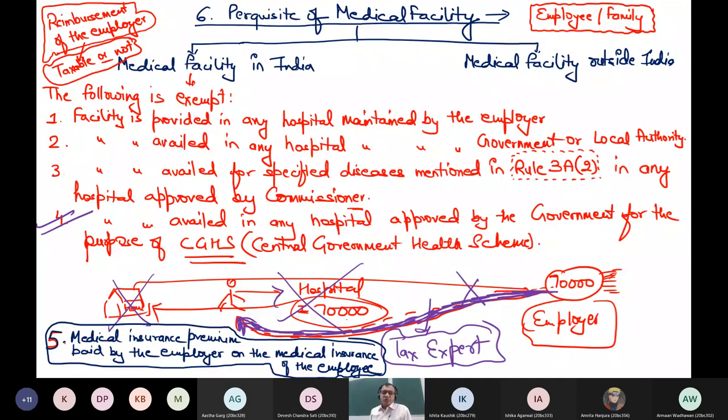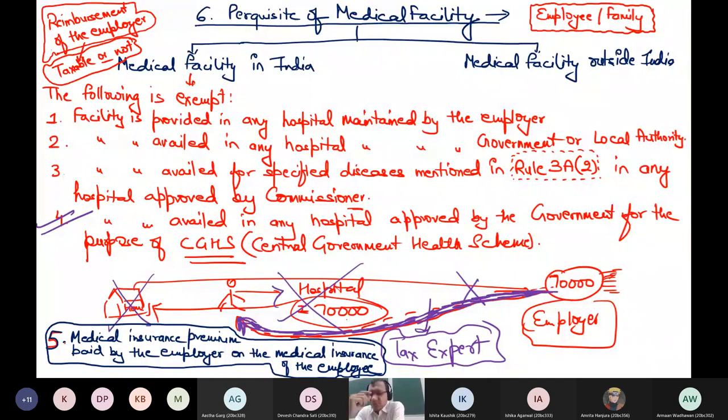There is a medical insurance of the employee and the premium is 10,000 rupees, for example. The employer pays that 10,000 directly to the insurance company, that is tax free. The department will not say that it is your personal benefit, you include it. No, they say tax free.